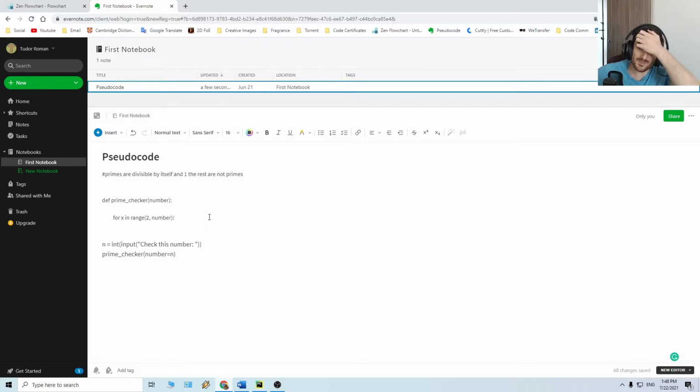So for any number in range of 2 and that number, if x remainder of 2 equals 0, it is not prime.